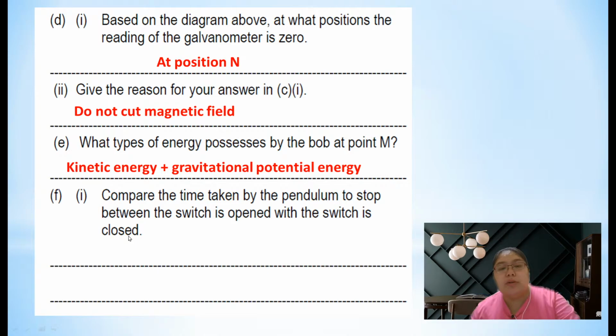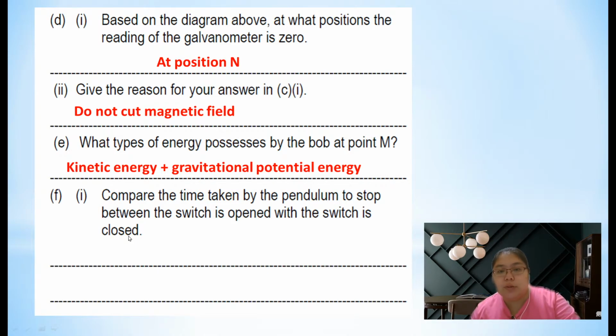So you find it, with the switch, they slow down slowly, not as fast as using the hand to swing it. If you're using the hand to swing it, that means you lose the energy faster. If I'm controlling it using the power supply, using the switch, you find the pendulum still has the charge inside there. That means they will continue to swing, then slowly stop. So the time taken should be longer compared to normal.